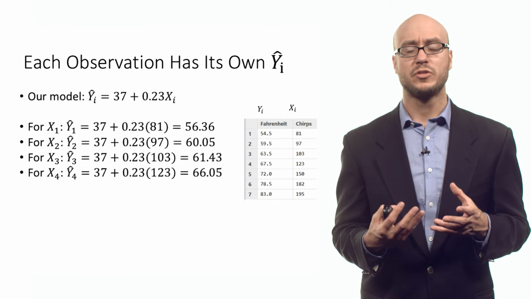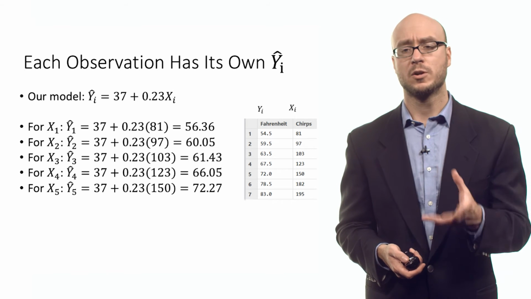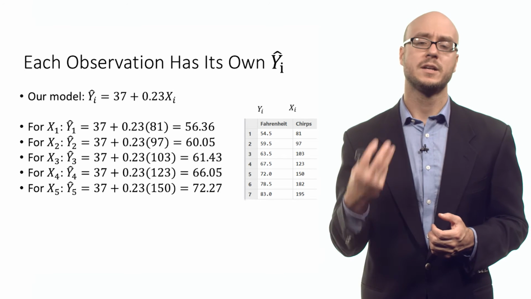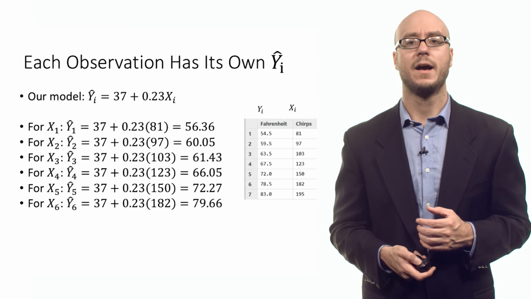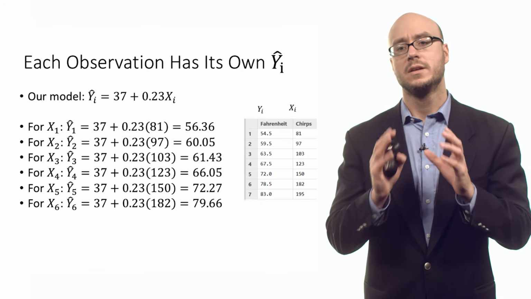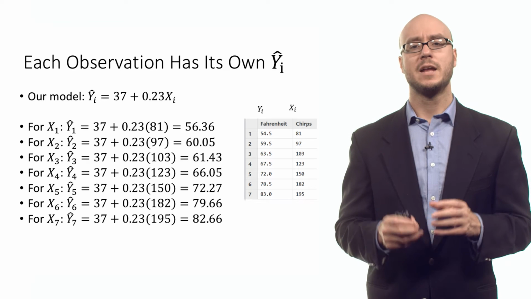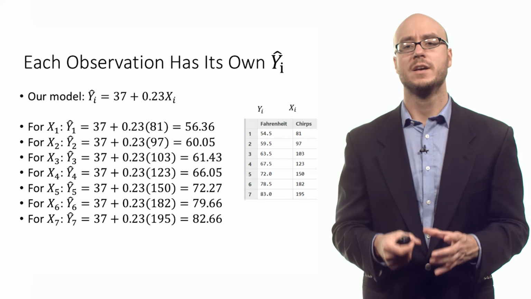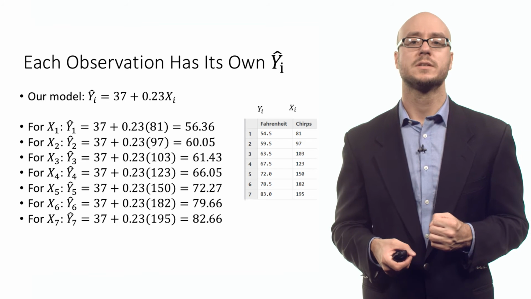When x is 123, we have 66 degrees Fahrenheit. When we have 150 cricket chirps per minute, the temperature is 72.27 in terms of its expected value. And then when x is 182, the expected mean temperature is about 79.6. And when x equals 195, the expected mean temperature is 82.6, roughly, degrees Fahrenheit.